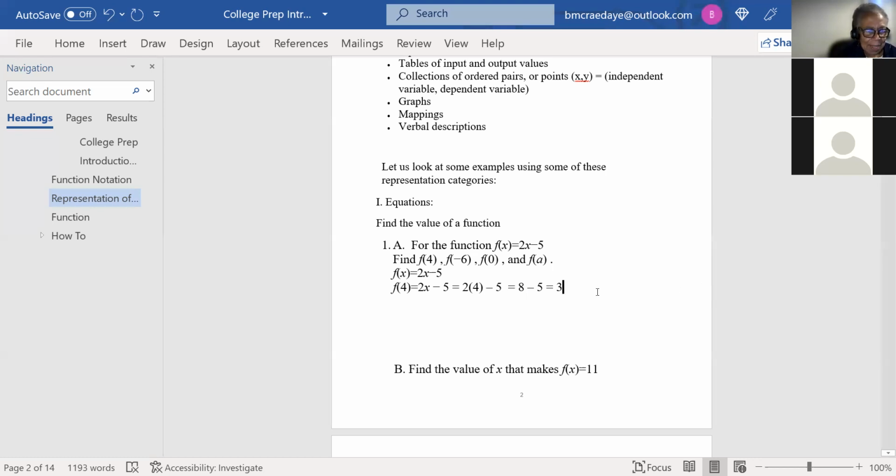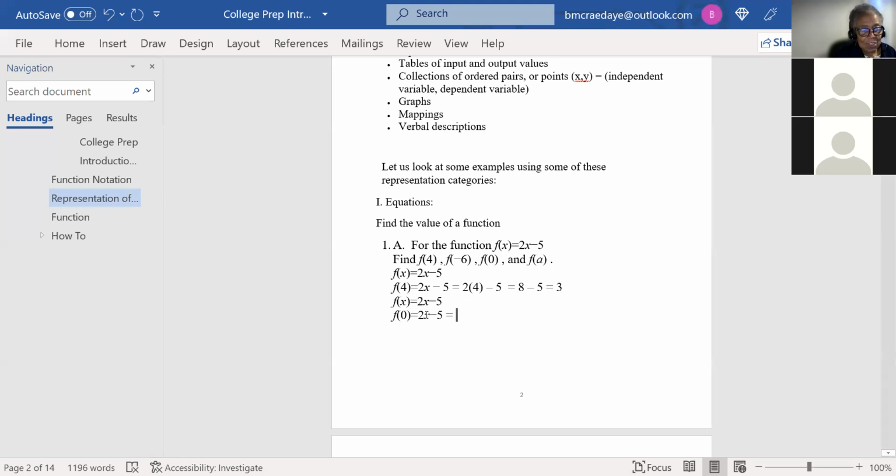Now let's take another one. This is the same formula, same equation, and we're gonna do f of 0. Okay. So wherever you see an x, you want to put 0. So that means you put a 0 here. What's the answer, Chastity? I want you to finish it. What's the answer? That's 4 minus 5.